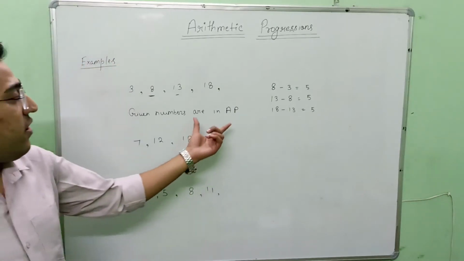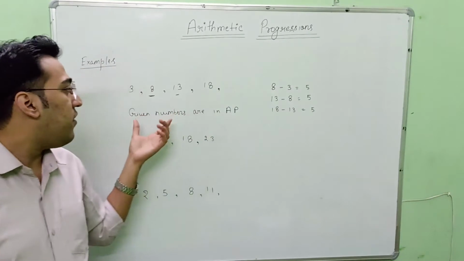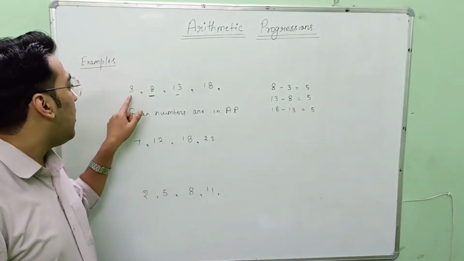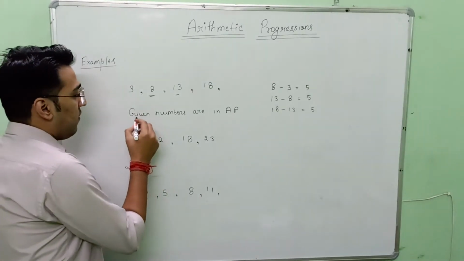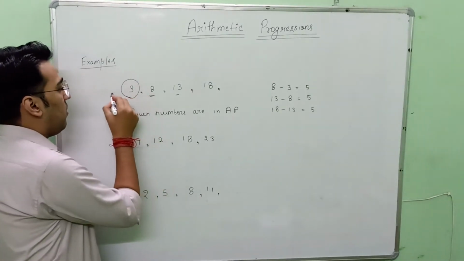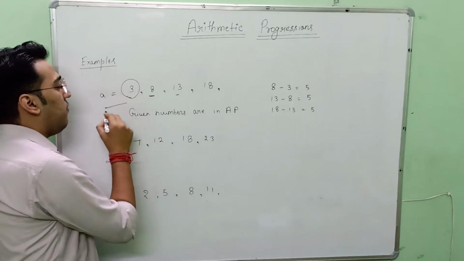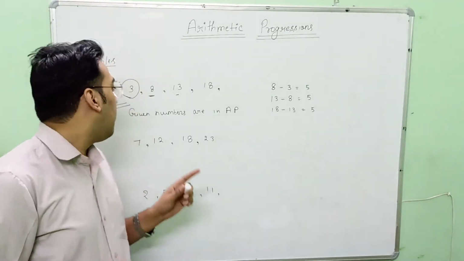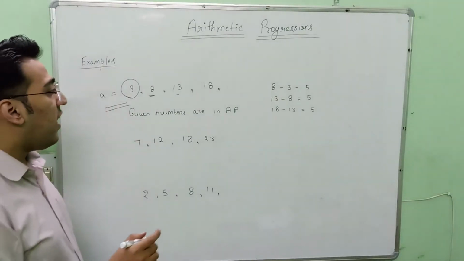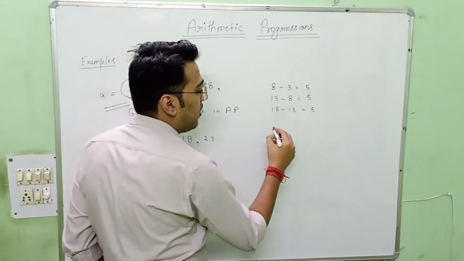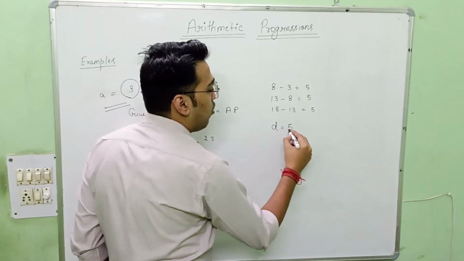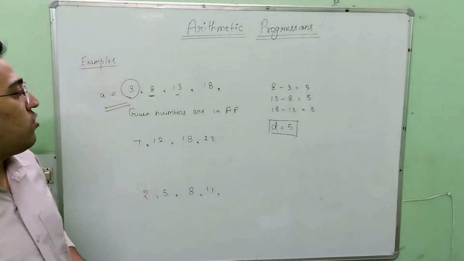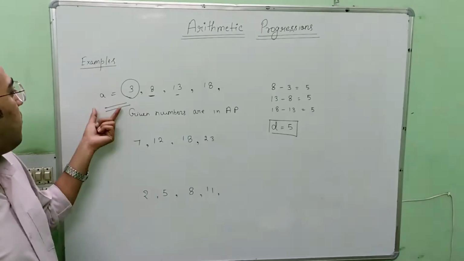So if we have found that the given numbers are in AP, after that we can denote the first number, or we can say the first term, by A. And the common difference we will denote by small d. I hope it is clear to you all, but I repeat it.